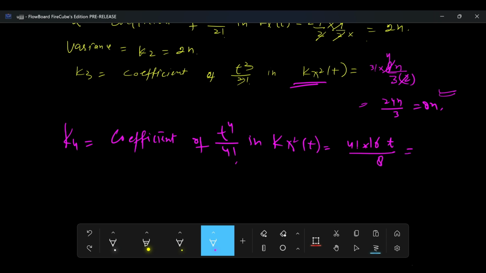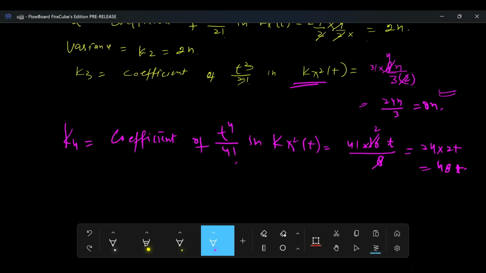What's 4 factorial? This is 24 into 2t. That's 48t. Clear?